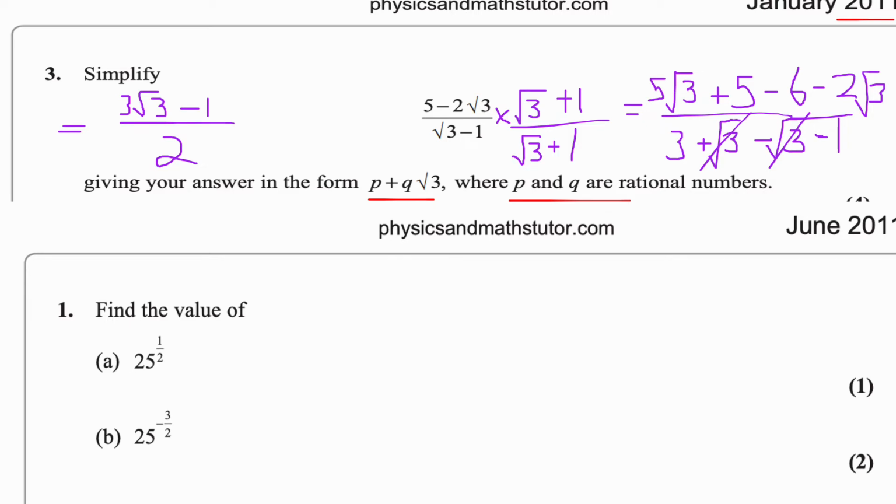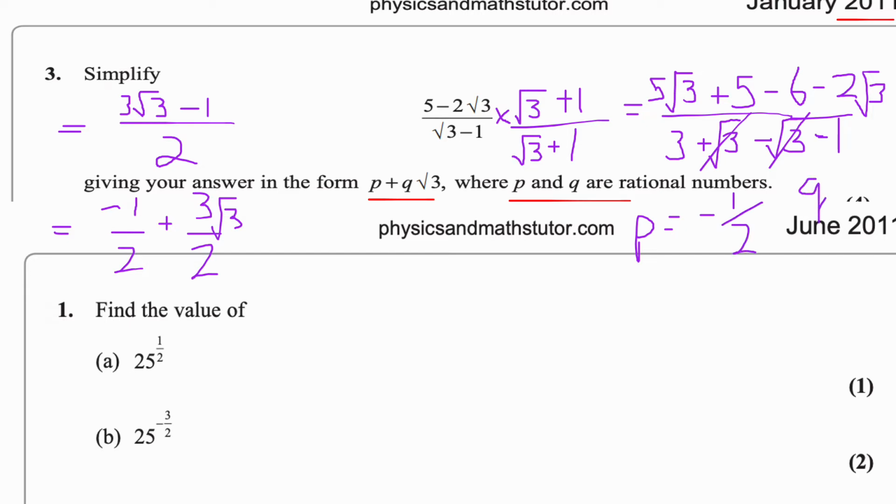Now I want it in this form, so I'm going to have minus a half plus 3 over 2, root 3 on top, where p would equal negative a half, and q would equal 3 over 2.